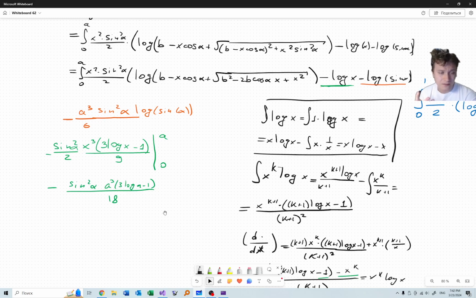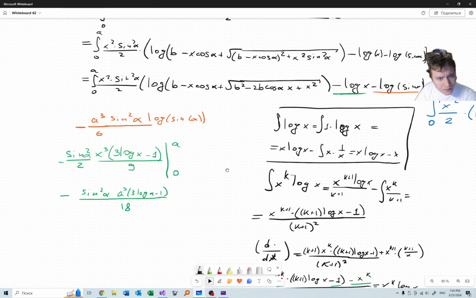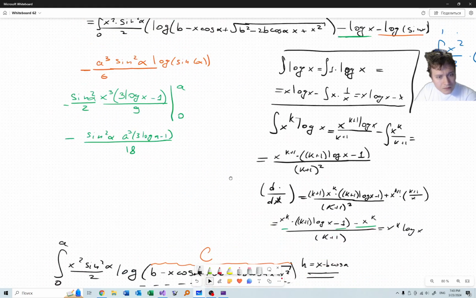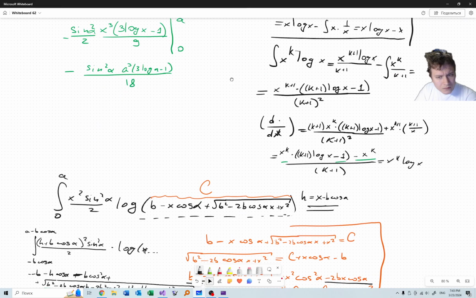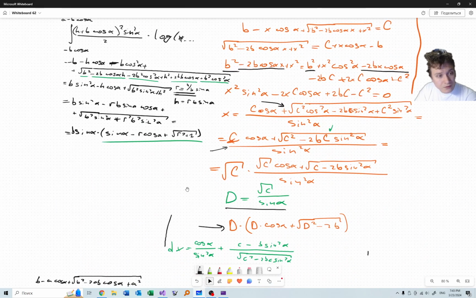In the end, it should be something like log of A over B. It cannot be just log A, because it is a log of a distance, and I cannot have a log of a distance. So I need to integrate this logarithm, and the integration of this logarithm is not straightforward.